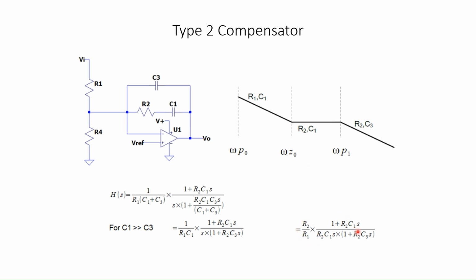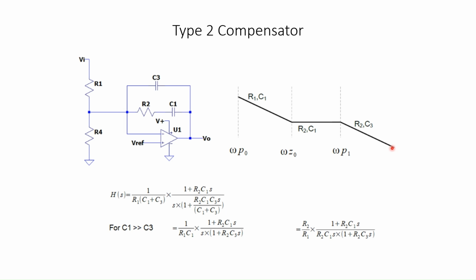So after crossing the 0 at 1 over R2 C1, we have a flat gain of R2 by R1, 20 log R2 by R1 in dB. When omega crosses 1 over R2 C3, there is another pole effective, then the magnitude falls at 20 dB per decade afterwards.